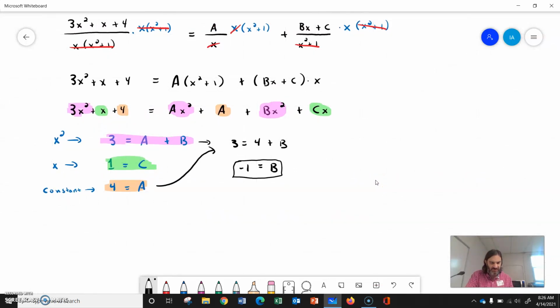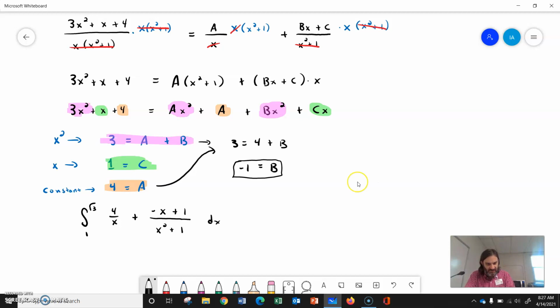So now we're at the point where we can say that our original fraction can be broken down to A over x, so that is 4 over x plus Bx plus C, that's negative 1x plus 1 over x squared plus 1. So that's kind of an interesting thing.